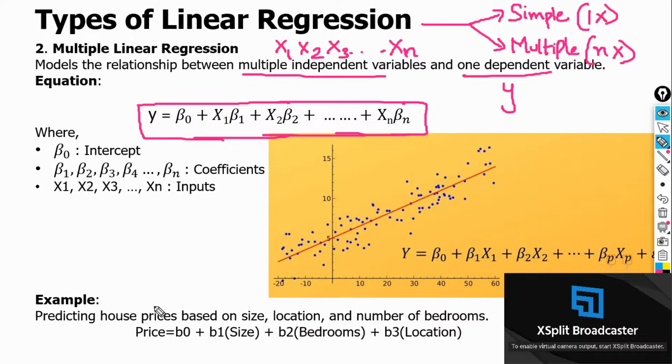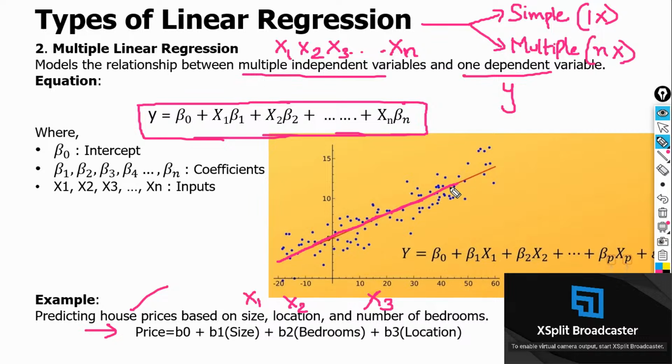Okay, here we have an example. The same example, I'm predicting house price, but using multiple inputs: size, location, number of bedrooms. So I'll try to build an equation. This equation is what I'll try to build. Is it making sense? Yes. The line will be linear, friends.